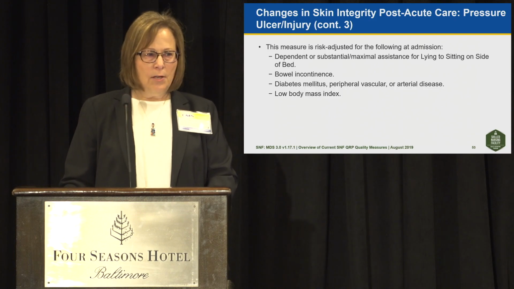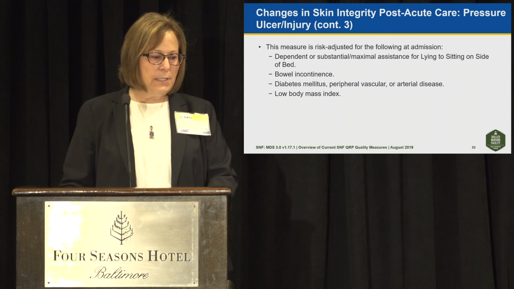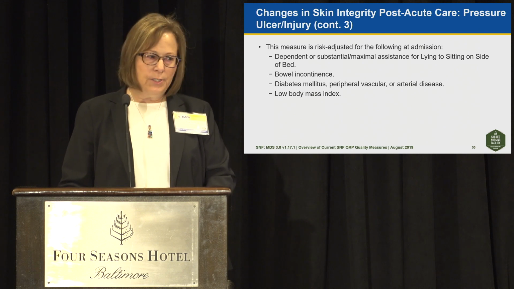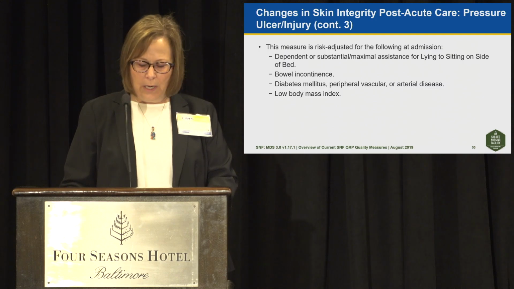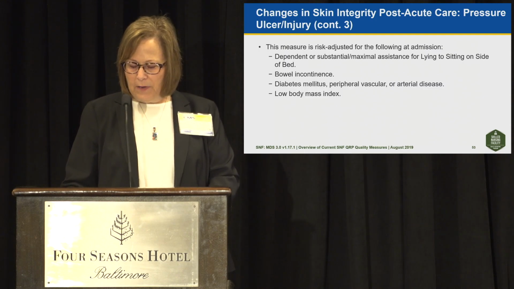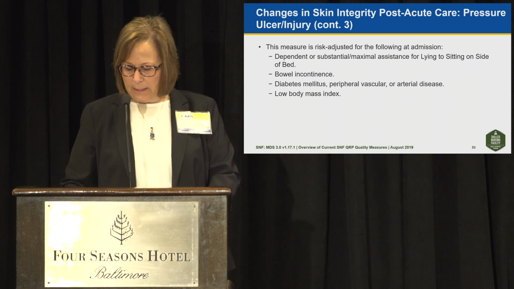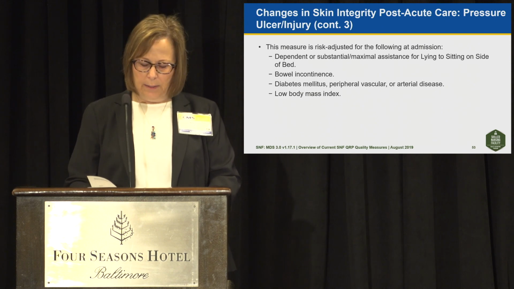This measure is also risk adjusted for the following at admission: dependent or substantial maximal assistance for lying to sitting on the side of the bed in GG0170C, bowel incontinence at H0400, diabetes, peripheral vascular disease or arterial disease, or low body mass index in the K items K0200A and B.